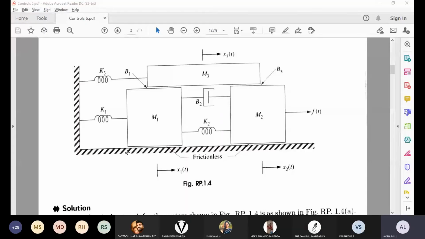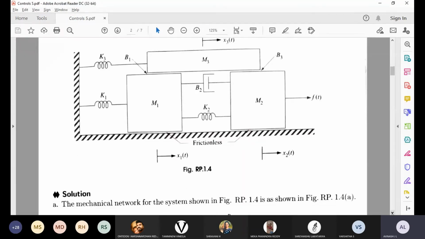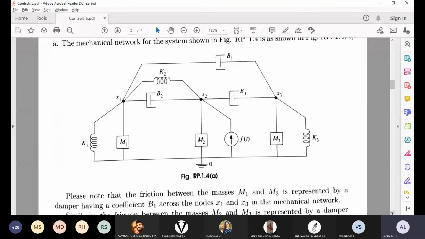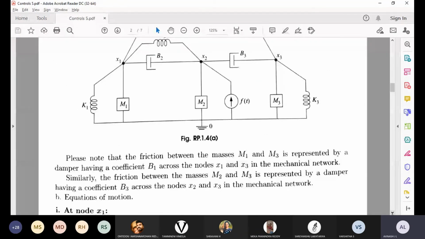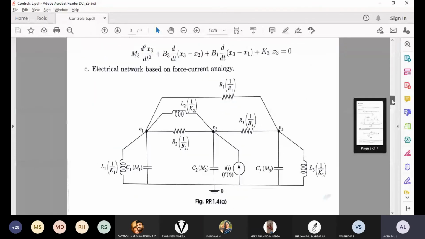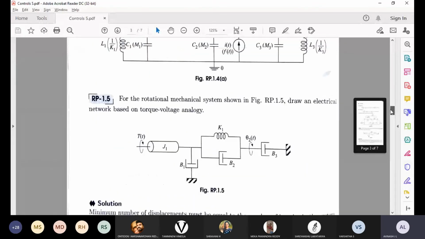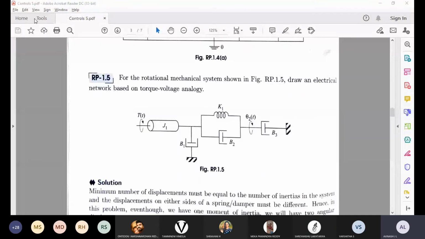All of you can write the question. The same kind of numerical we have seen. Now for a rotational mechanical system shown in the figure below, draw the electrical network based on torque-voltage analogy.